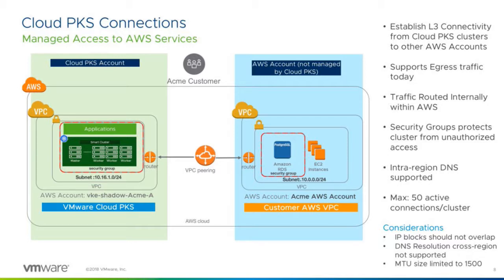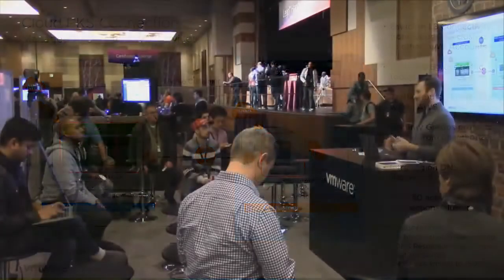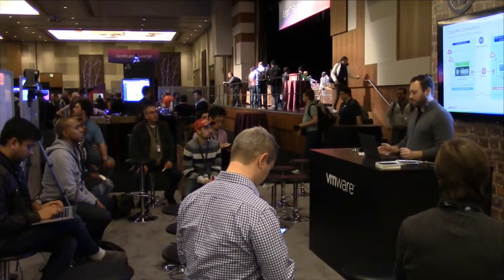Again, anytime you use VPC peering, you have to be really careful about your IP space. Make sure you're not using privately addressable IP blocks that overlap with each other or can cause conflicts. We are manipulating the routing tables on our side to do this, routing certain subnets over the VPC peer, so be very aware of that.